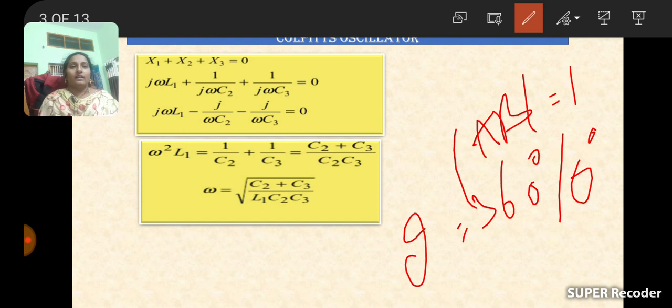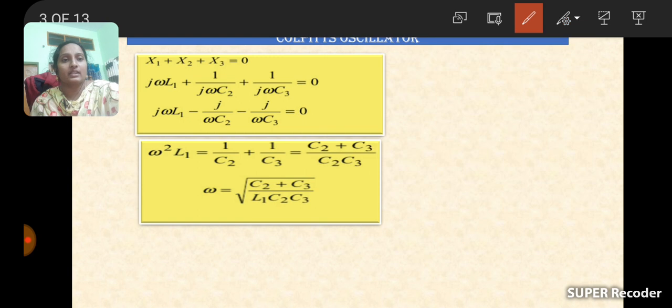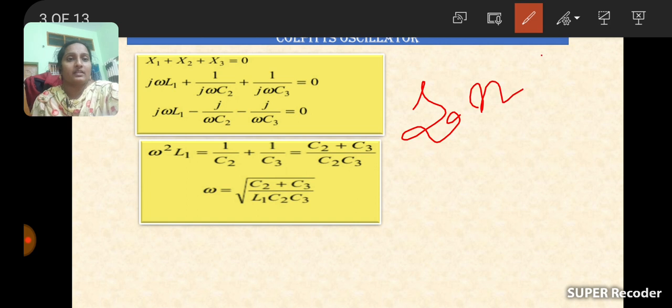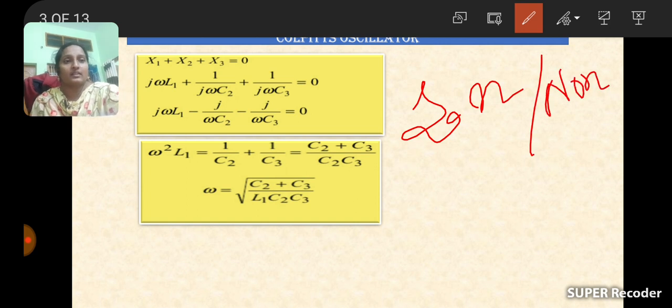Coming to the classification, oscillators are classified into two types majorly, based on the waveform produced, whether it is sinusoidal or non-sinusoidal.